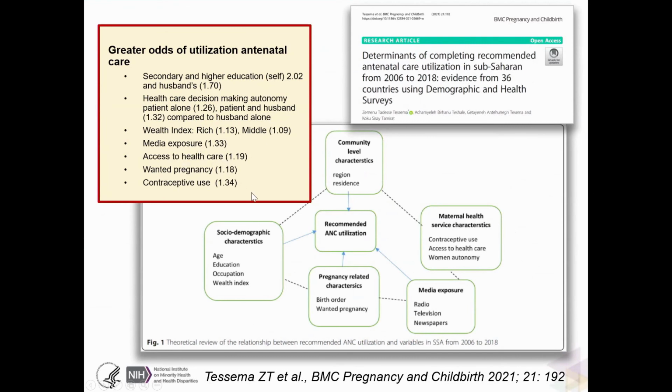Interestingly, they also evaluated media exposure and whether the pregnancy was wanted or if the women were using contraceptives. All of these indicators of higher utilization of healthcare services may be motivators and empowerment.